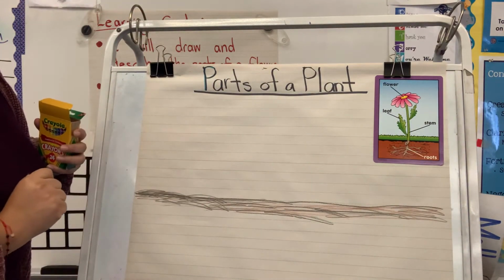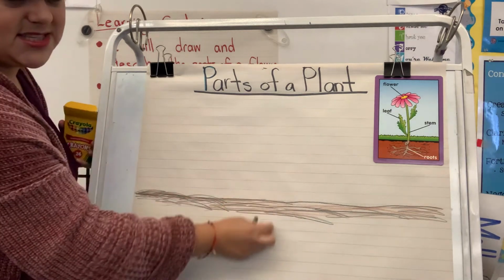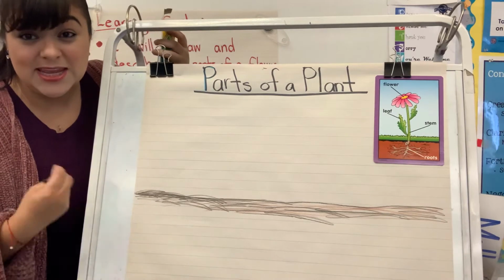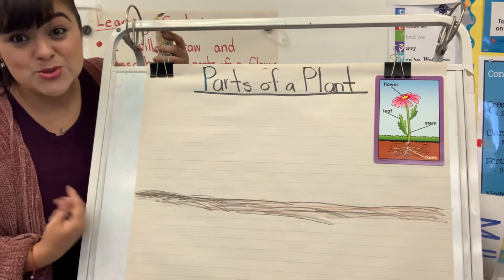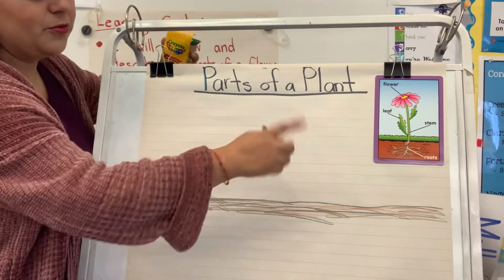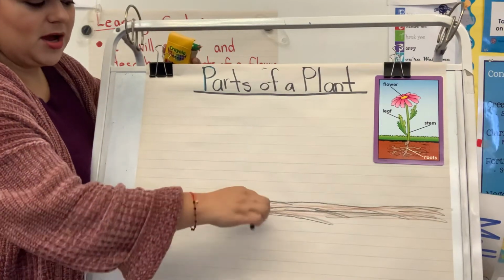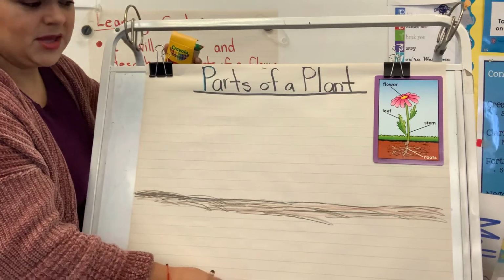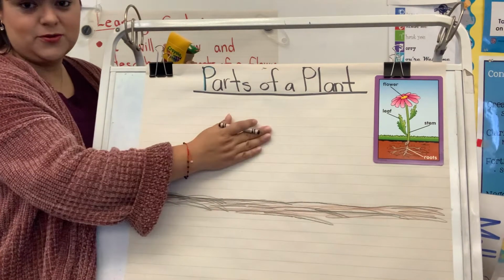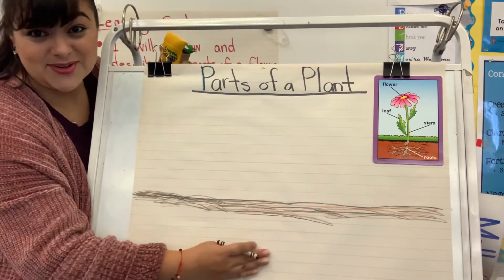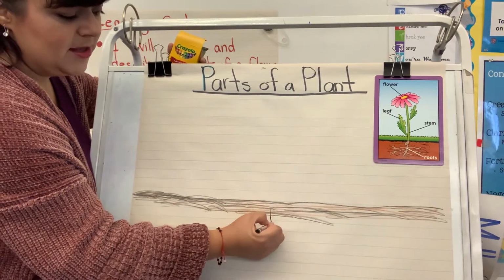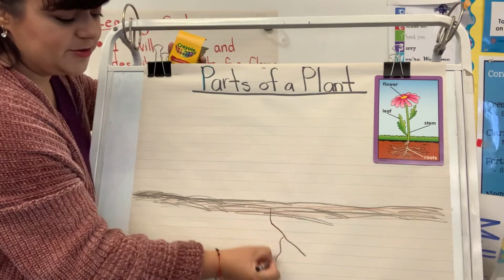First, we're going to draw the roots. The roots help the plant drink water and eat the nutrients it needs to survive. So the roots grow under the soil. So this is above the soil. We're gonna draw it under. Okay, so they look like little hairs.